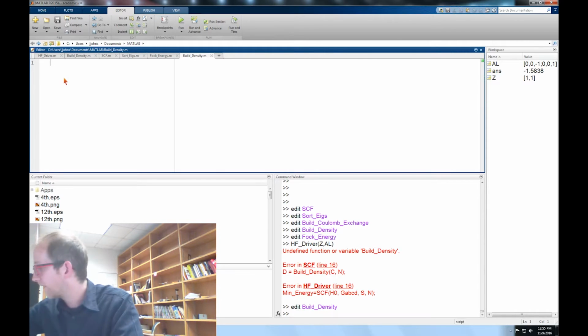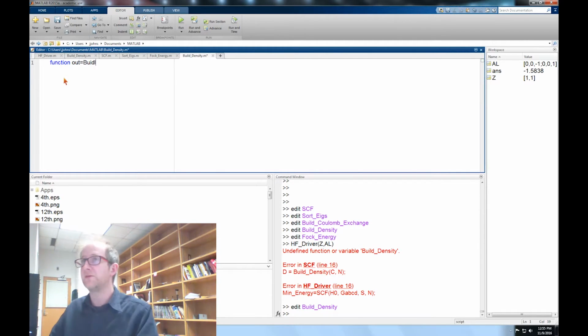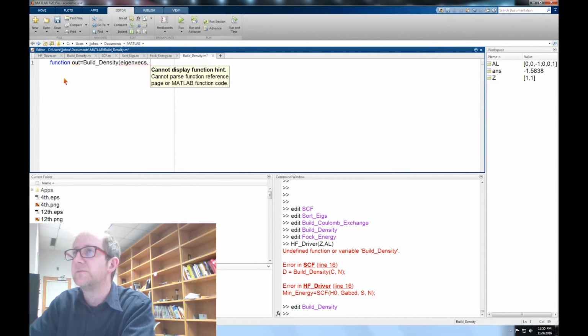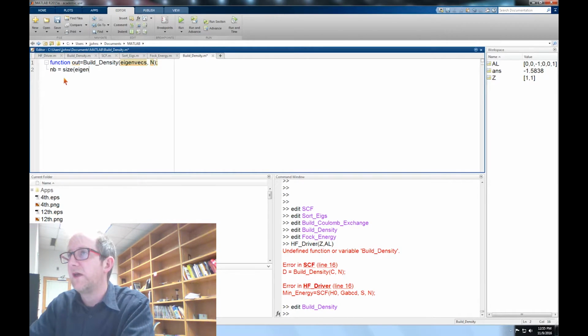Aha, I see. Okay, so that was a mistake on my part, so let's just make sure we build this correctly real quick. Function out equal build density, eigenvecs, n. NB equal size eigenvecs 1. D equals zeros NB, NB.